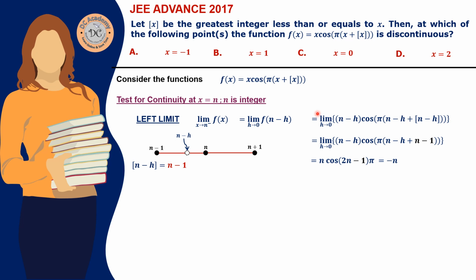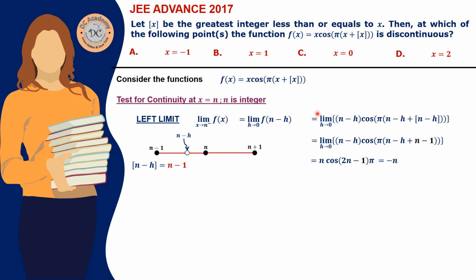Why? For any value of n, cos((2n minus 1)π) is equal to minus 1, because we know that cos(nπ) is equal to (minus 1) to the power n. So it will be (minus 1) to the power 2n minus 1, that is, minus 1 to the power of an odd number, and therefore it gives minus 1. That's why it gives minus n.